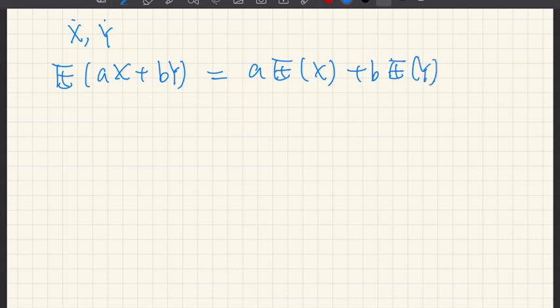In other words, the operation of taking the expectation value is a linear operator. Actually, this is very natural because expectation value is nothing more than an integral or summation, and those operations are linear operations. So naturally, expectation values are linear operators.